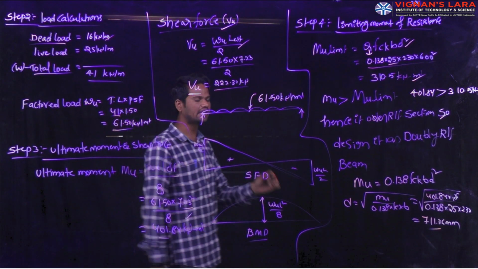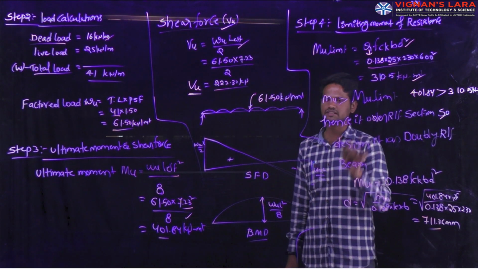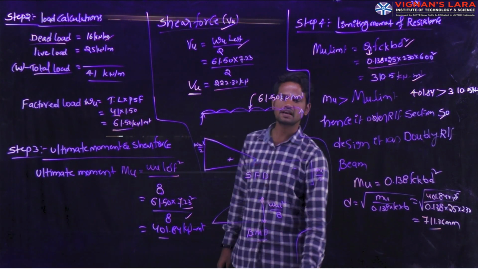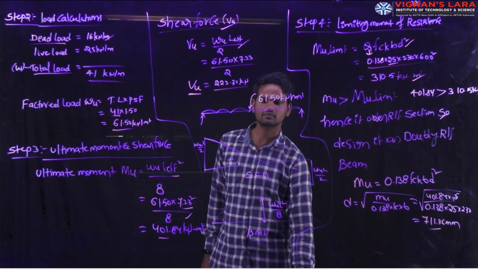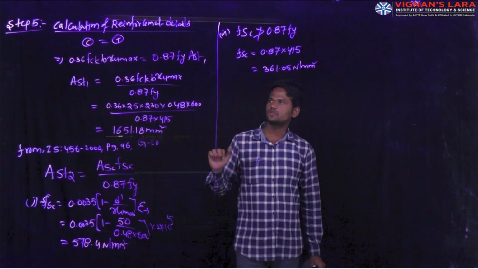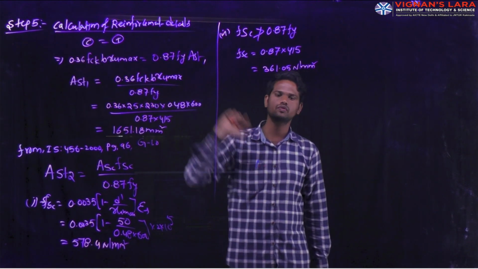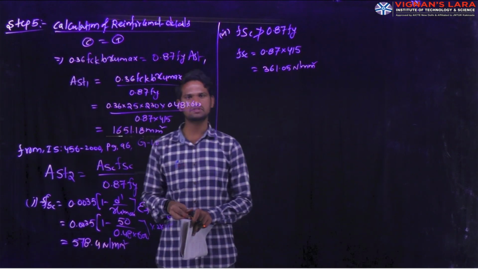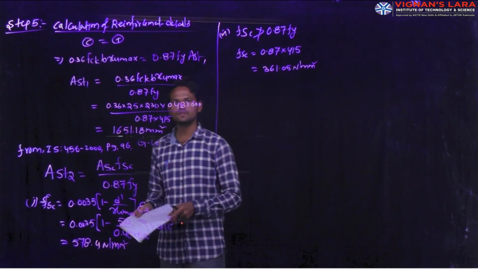Next step, we will calculate the area of the steel reinforcement for the compression face as well as the tension face for the beam as a doubly reinforced beam section. Calculation of reinforcement details: total compressive force equals total tensile force. We already calculated this for a singly reinforced beam section in the design procedure as well as for a doubly reinforced section.